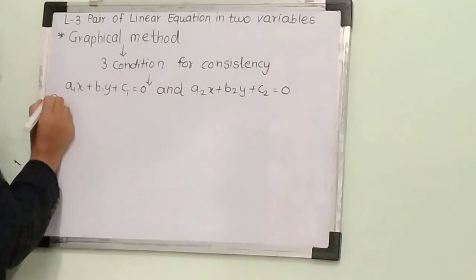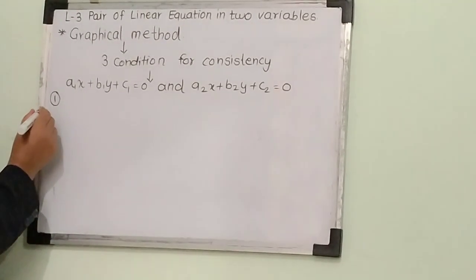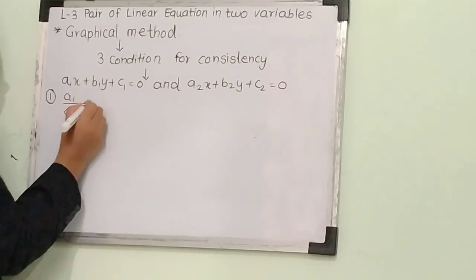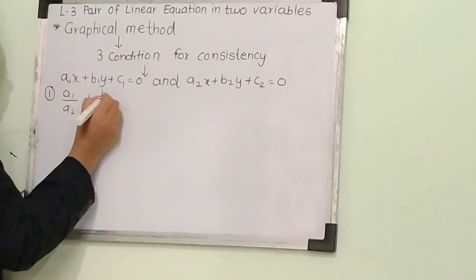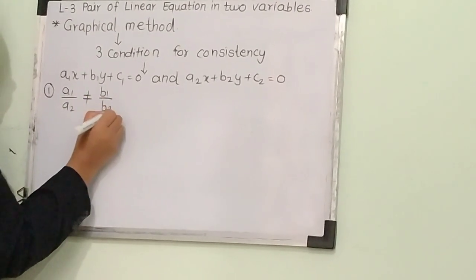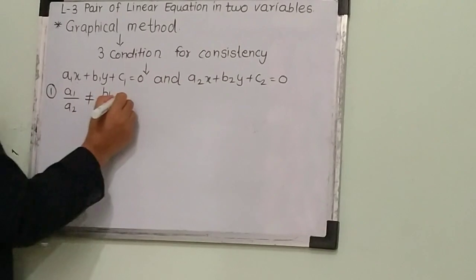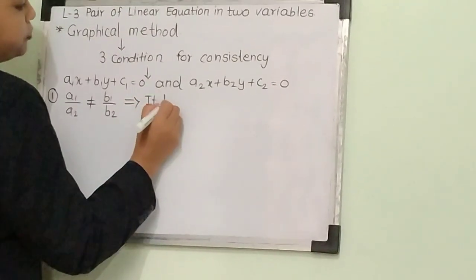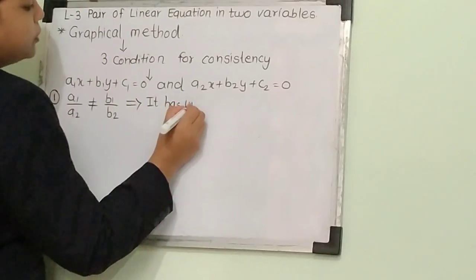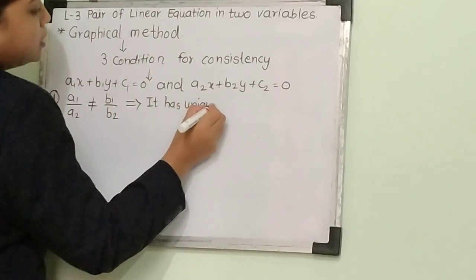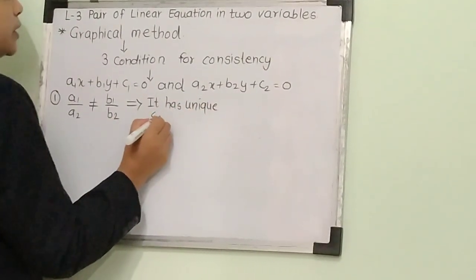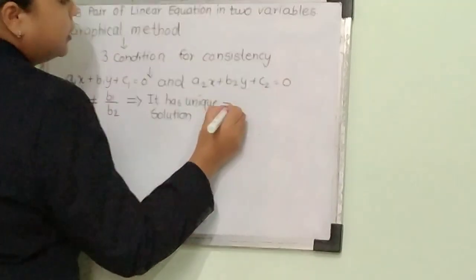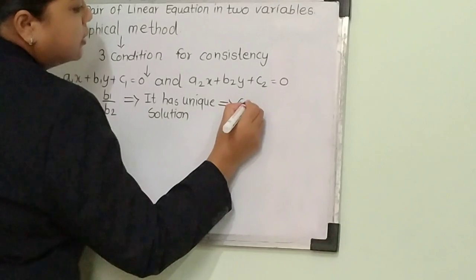The first condition we have already learned, that a1 upon a2 is not equal to b1 upon b2. Then we get that it has a unique solution. It means only one solution will be there and they are consistent.